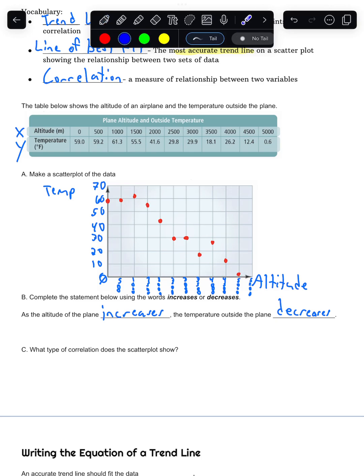This is what we talked about real briefly on block day. It's going down from left to right, so yeah, this is a negative correlation. As the independent variable, which is the altitude, increases, the dependent variable, which is the temperature, decreases.